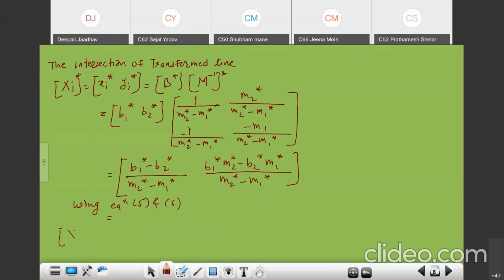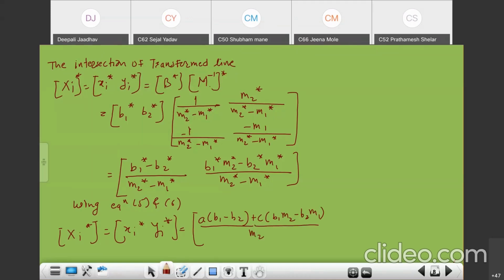The intersection of the transformed line is equal to (a of (b1 minus b2) plus c of (b1 m2 minus b2 m1)) divided by (m2 minus m1).